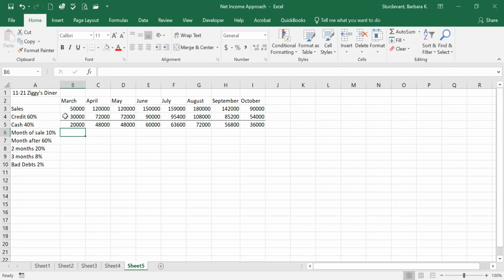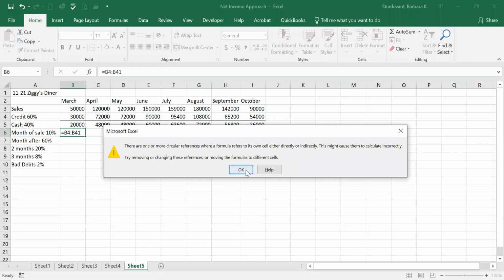So I'm taking March's credit sales. In the month of March, I am going to collect 10%. So I'm taking the credit sales times 0.1.